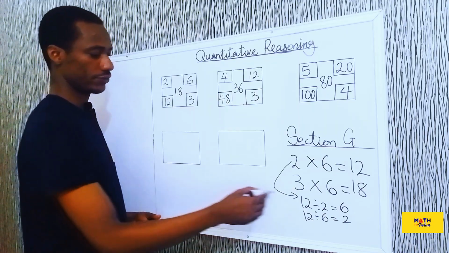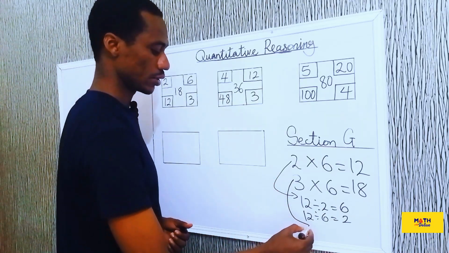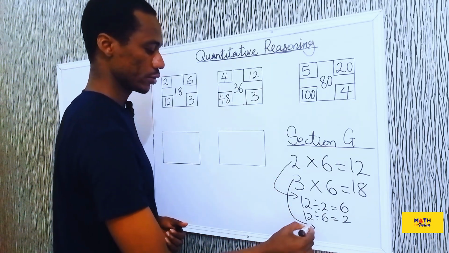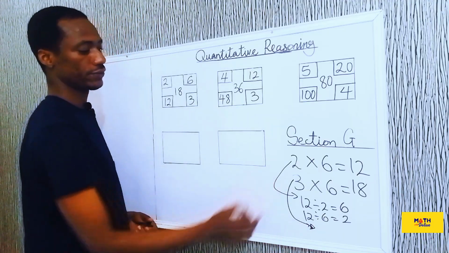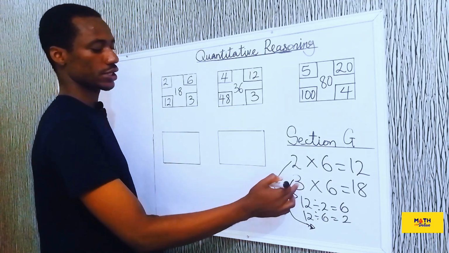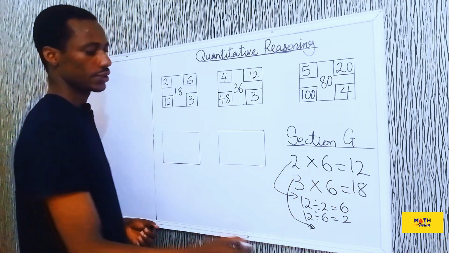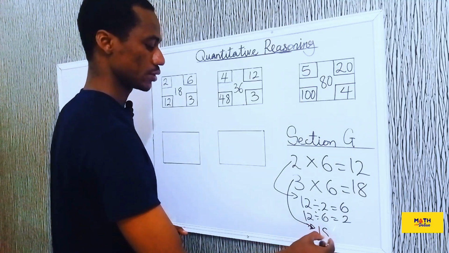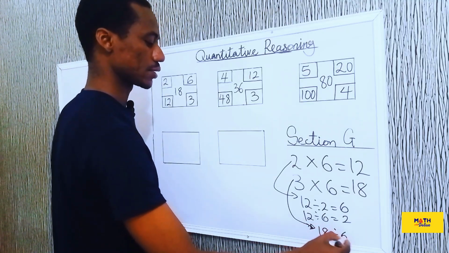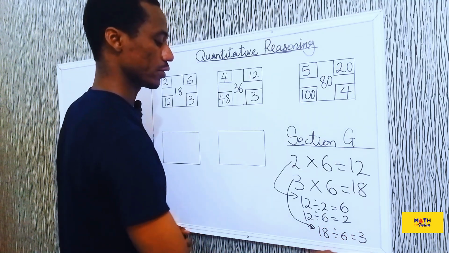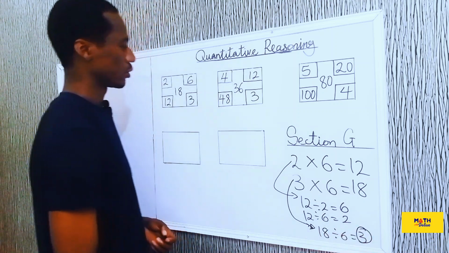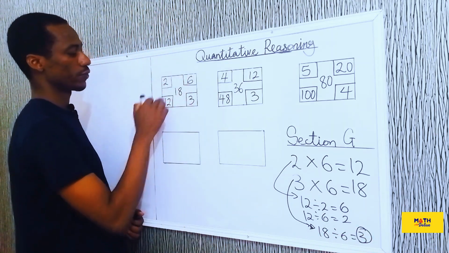All right, then from this we only need 3 from here. So to get 3 from this multiplication, since 3 times 6 is 18, we can do 18 divided by 6, and that will give us 3. So we have the pots, we have 1, 2, 3, 4, 5 pots.